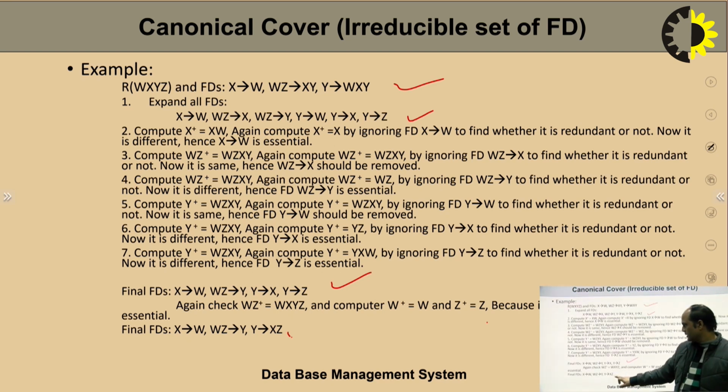So the final dependencies are X tends to W, WZ tends to Y and Y tends to XZ. That means this is the canonical cover of this particular question. Using these steps, we can find all the possibilities of the functional dependencies, so we can minimize the functional dependencies that are essential for the relation. That is called the canonical cover of that particular relation.